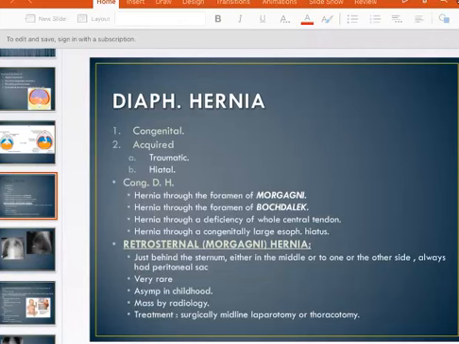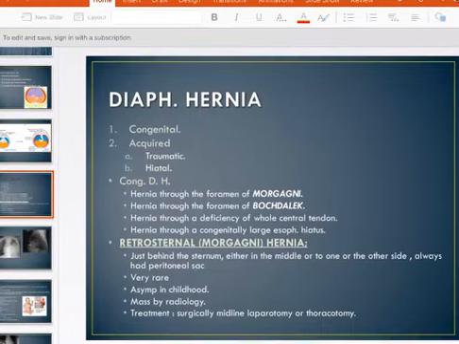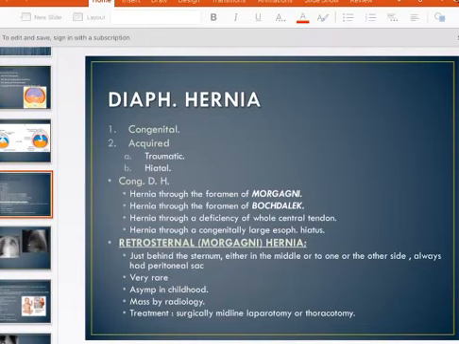First of all, we will discuss what we call the Morgagni, or another name we call it retrosternal hernia. This is a hernia just behind the sternum. Most of them are in the midline, but maybe on the left side or right side.